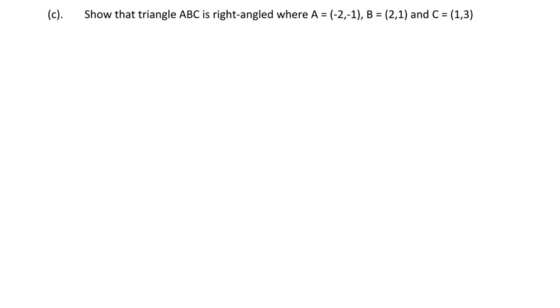So let us sketch our triangle. Here is point A with -2, -1. Here is point B with 2, 1. And here is point C with 1, 3.